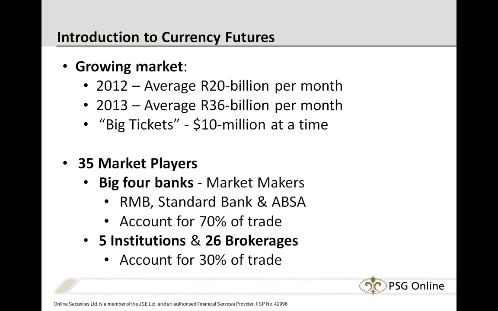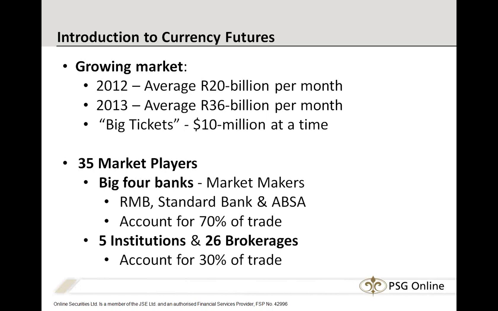We can see in the second part of the slide, there are about 35 market players out there. Obviously the big four banks are out there. They're the market makers. So you've got the Rand Merchant Bank, Standard Bank, and Absa being very, very predominant in the currency futures market. So they account for about 70% of trade. So the banks account for most of the trade on currency futures.